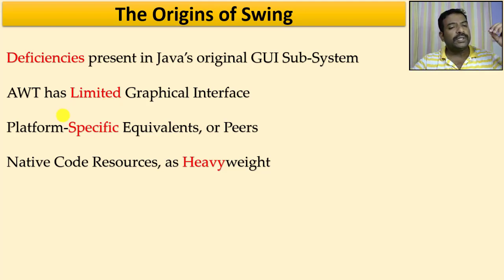Due to these platform specific or peer specific equivalents, native code resources were supposed to be used. Hence, whenever I want to bring in a graphical component, I need to interact with it as a heavyweight thread, which takes a lot of processing.